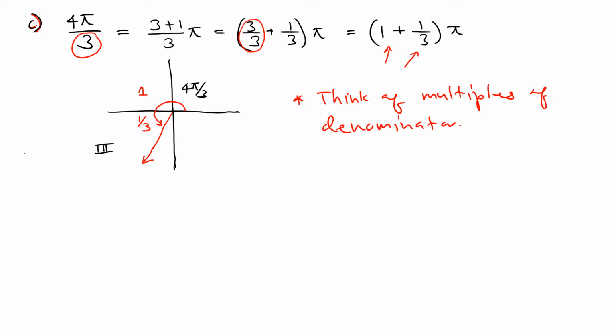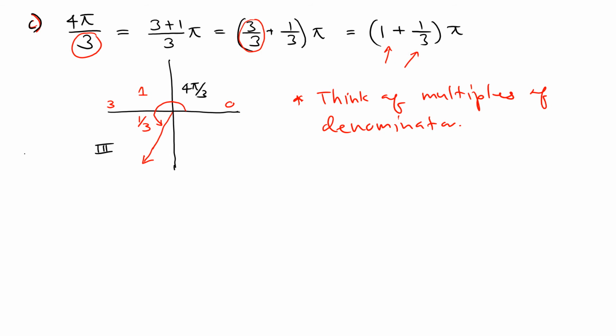We can start with 0. So we can put 0, and then the next multiple of 3 is 3. And then you compare with the numerator. The numerator is 4. So 4 means you have to go a little bit more, another 1/3.